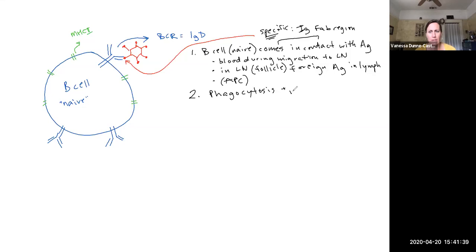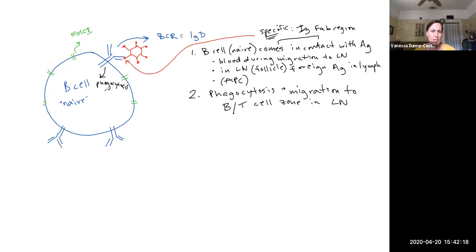And migration to the follicle, B and T cell zone, in the lymph node or in the secondary lymphoid organ. So this whole engagement here will lead to phagocytosis, right? Which of course is the engulfment of this whole thing, the processing, the digestion of this stuff.